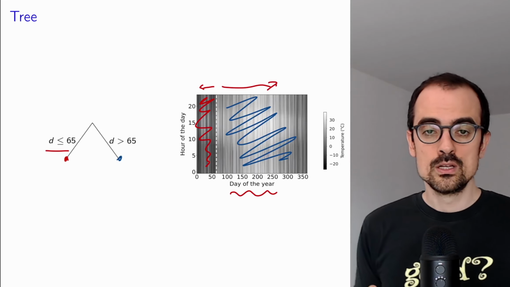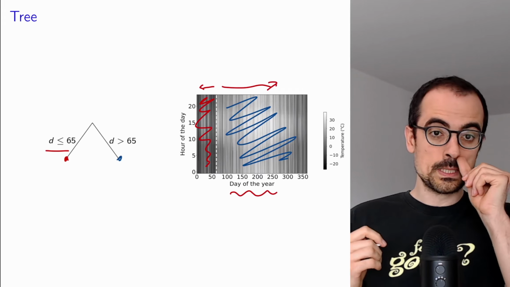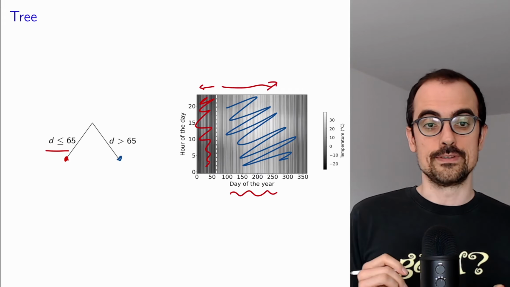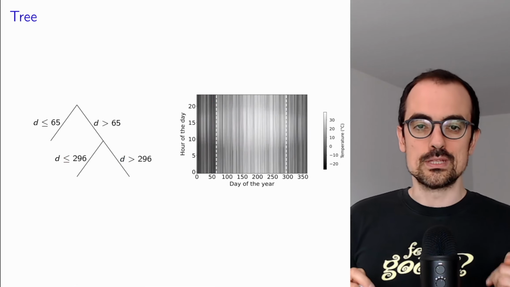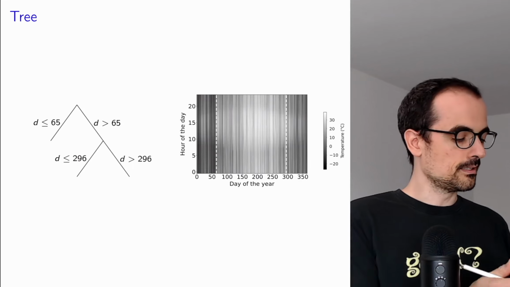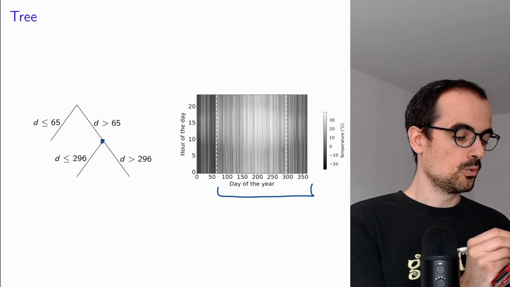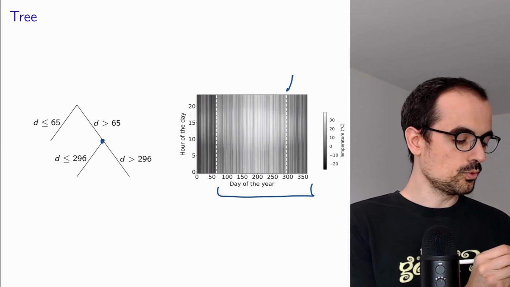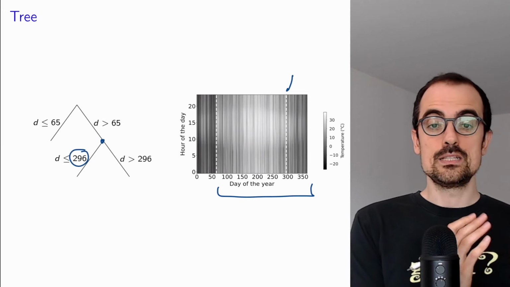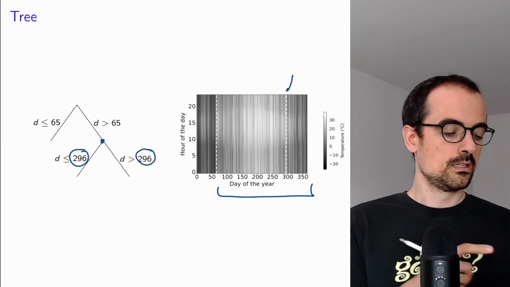And then in the tree, we continue splitting some of the nodes according to one of the features. And it's always according to one of the features. So here, it's again according to the day. So we're splitting this node that we had here that corresponded to this region, using again the day according to whether the day is below or above this threshold equal to 296.